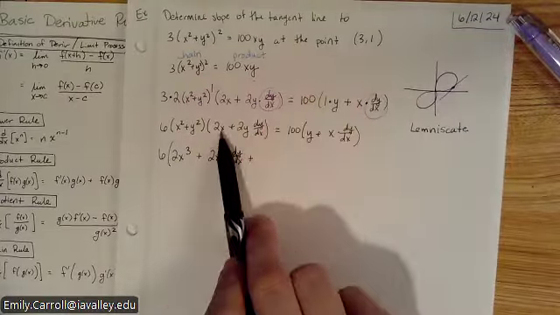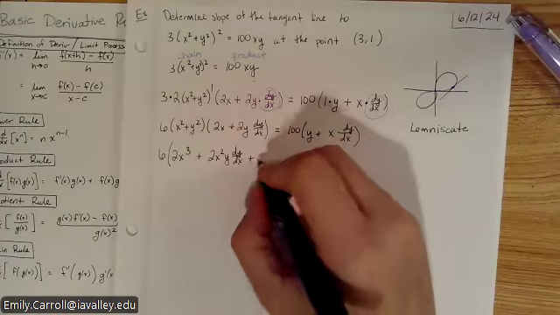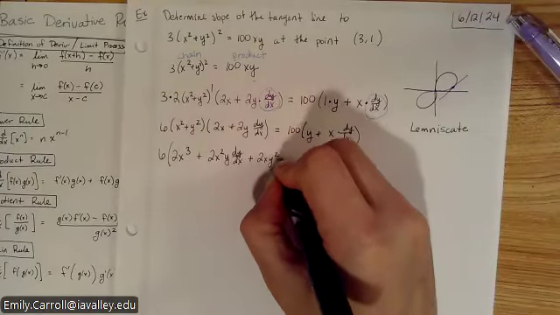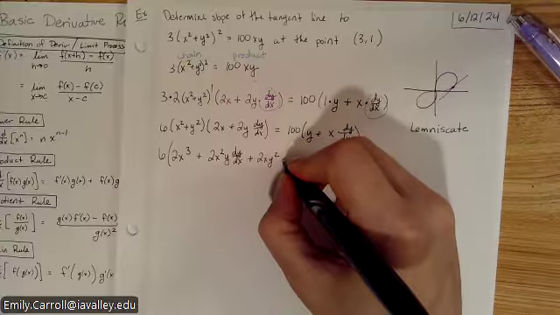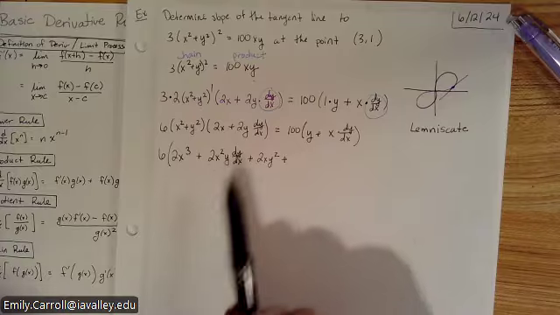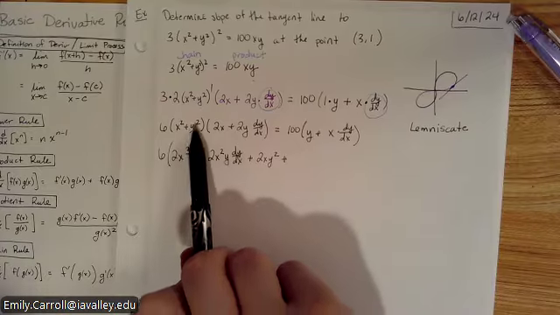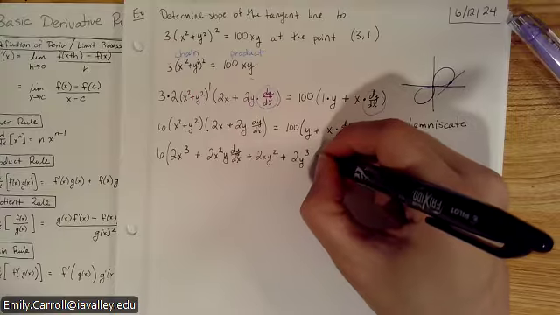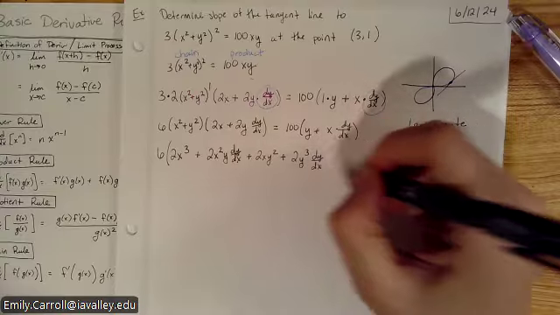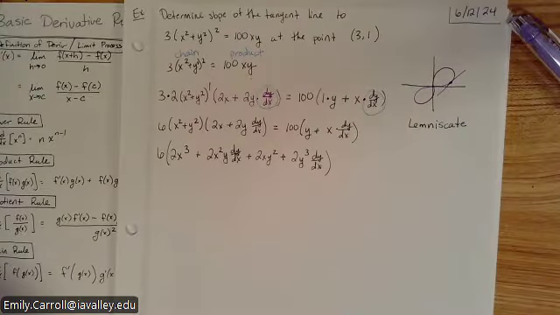Plus your inner is 2x y squared. Plus the last is going to be the y squared times 2y dy dx. So it'll be 2y to the third dy dx. That's just the left side.